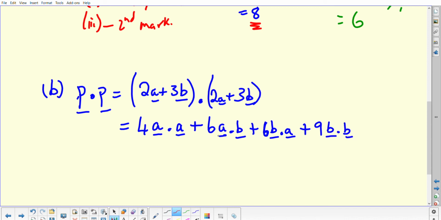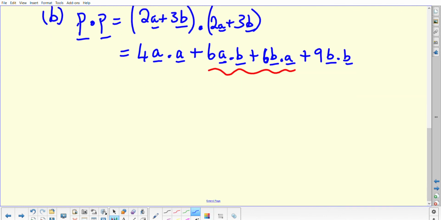These two middle terms, a dot b and b dot a, are the same thing, so you could just have written this as 4a dot a plus 12a dot b plus 9b dot b.